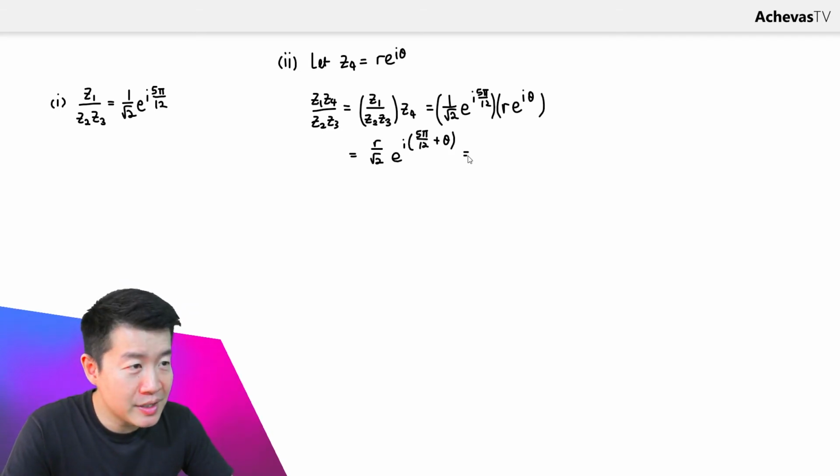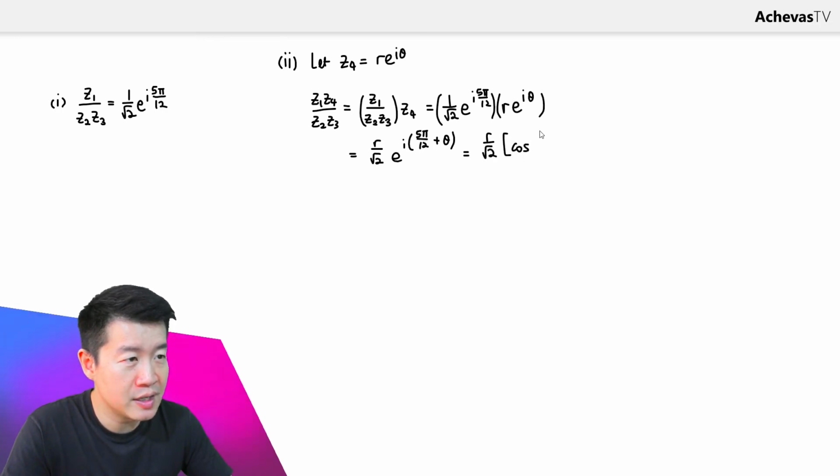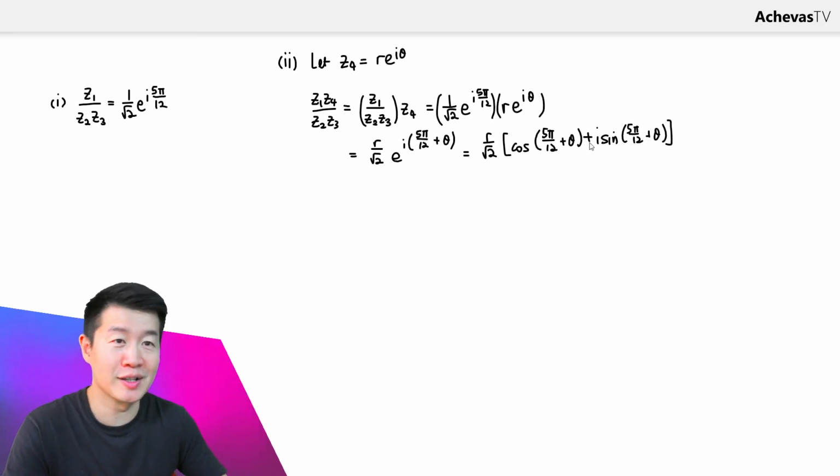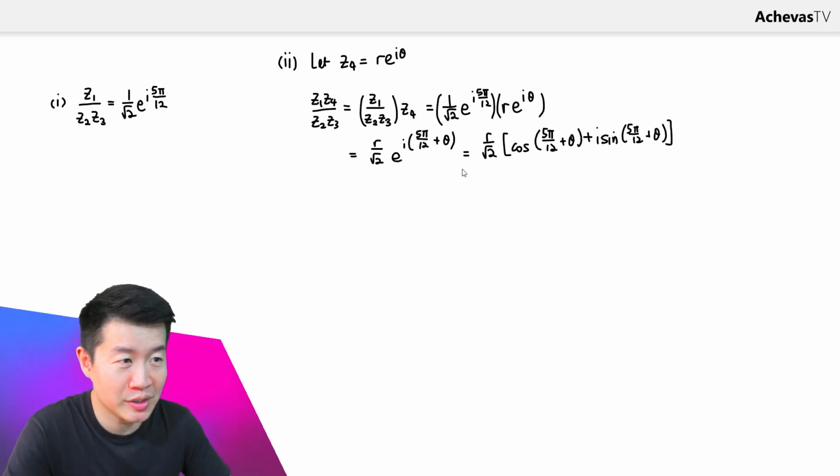I'm going to re-express this into the trigonometric form. So I have this, then it is going to be cosine of 5 pi over 12 plus theta plus i sine of 5 pi over 12 plus theta. The reason why I'm doing this is because it is going to be useful later. I'm going to show you in a while.